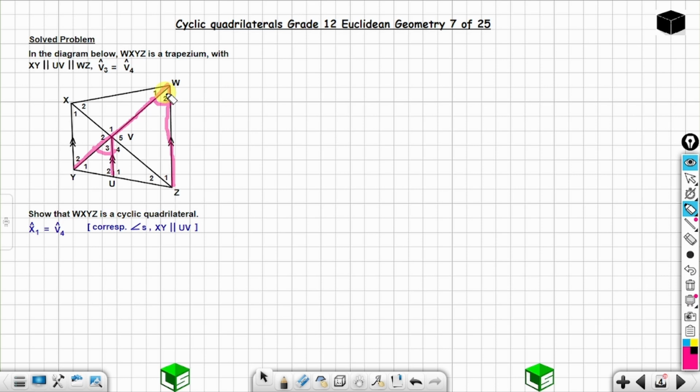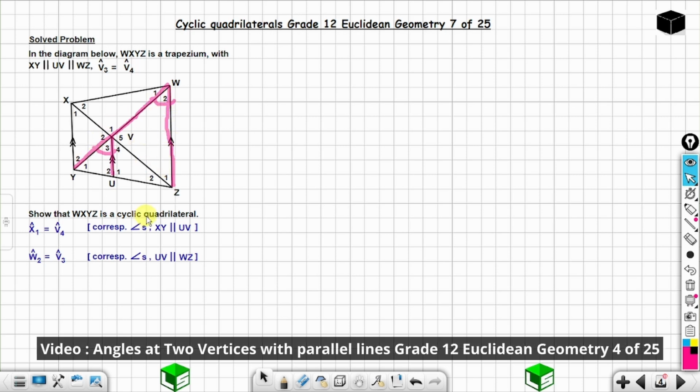You have the F shape. So the angle W2 is equal to the angle V3. The reason is corresponding angles, UV parallel to WZ. Corresponding angles, you have the F shape. Please check my other video in which I explained this.